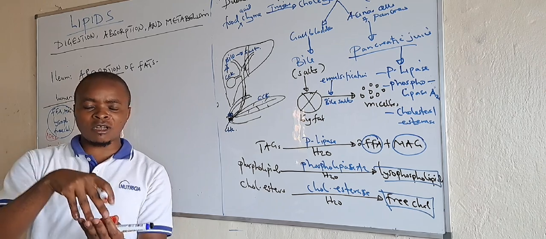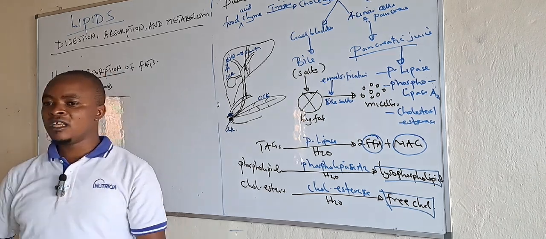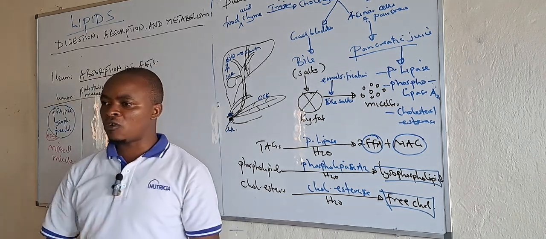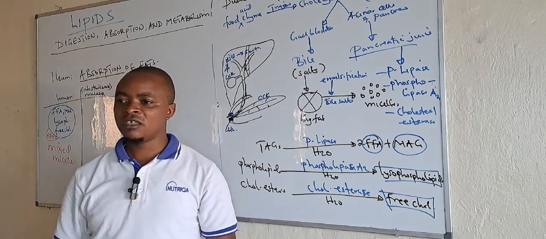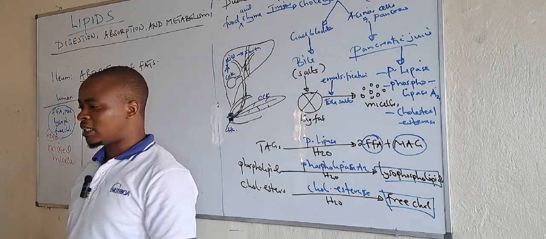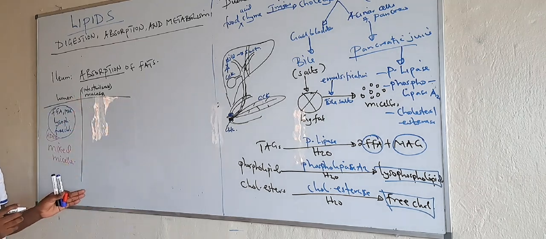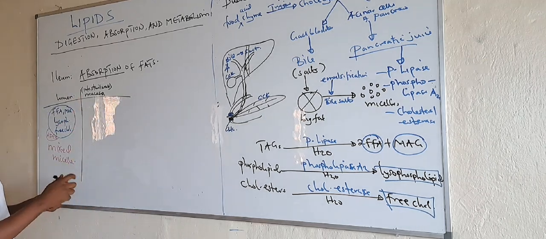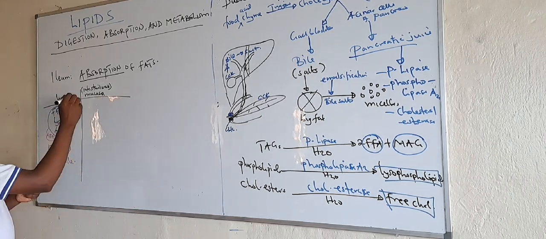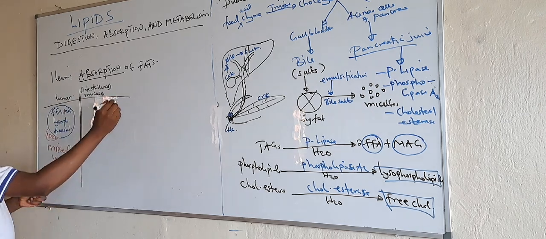Why are the fat-soluble vitamins combining? They are the ones that enable the simple diffusion of fats into the intestinal wall. I have zoomed in on the intestinal wall, which starts from here up to here.